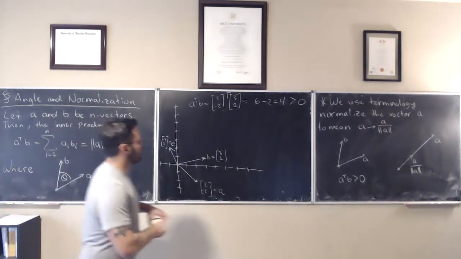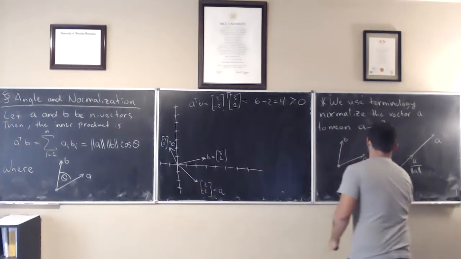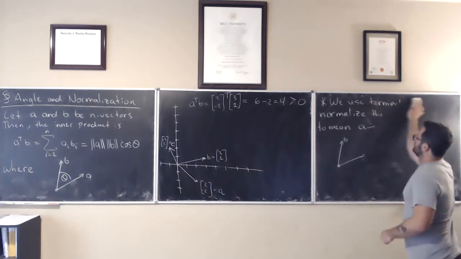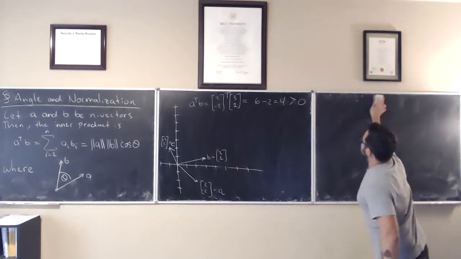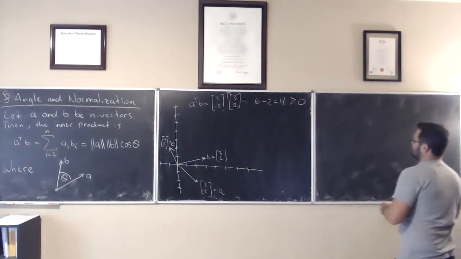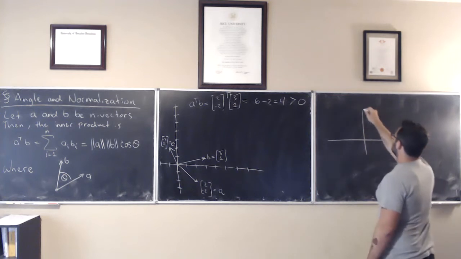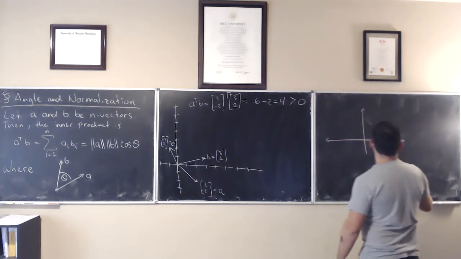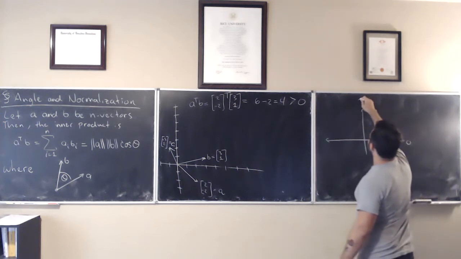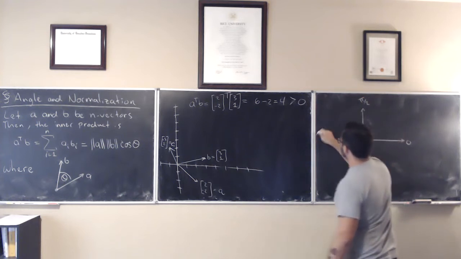And I know that, thinking back to pre-calculus, this is 0, this is pi over 2, and then here's pi.